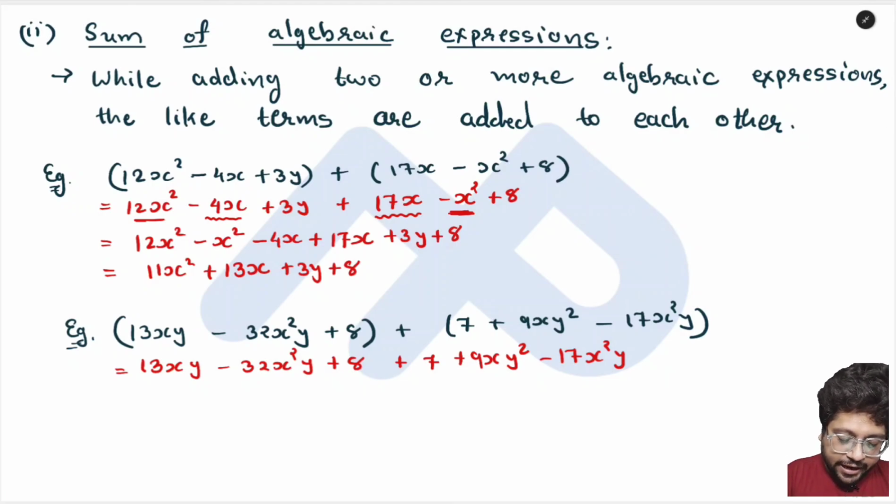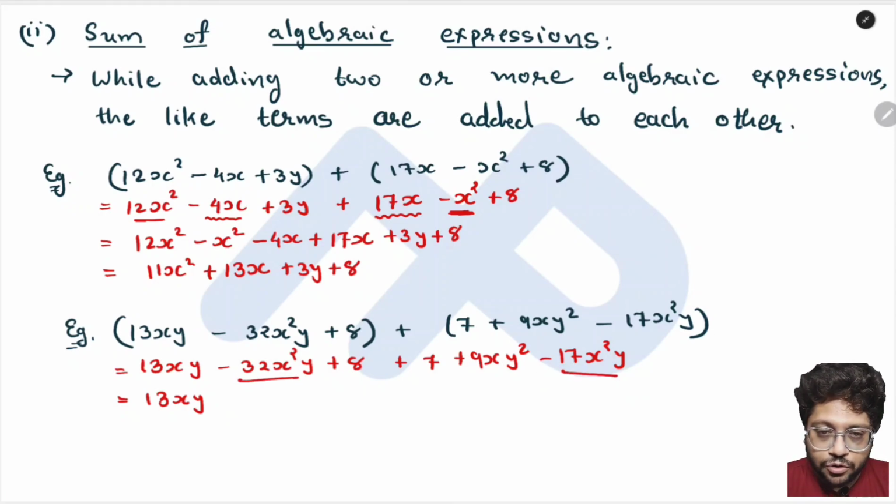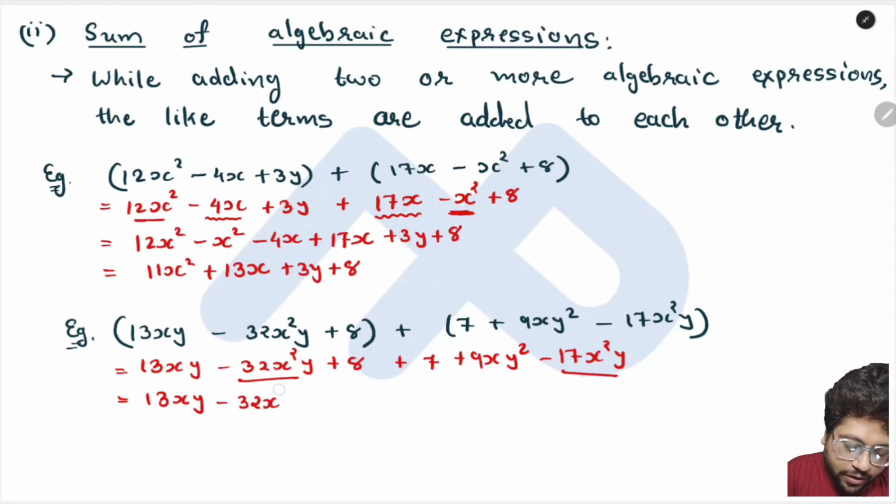Now let's collect the like terms together. When you see 13xy, it doesn't have any like term, so let's write it as it is. Then this minus 32x square y and this minus 17x square y, second term and last term, they are also like terms, so let's bring them together. So minus 32x square y minus 17x square y.